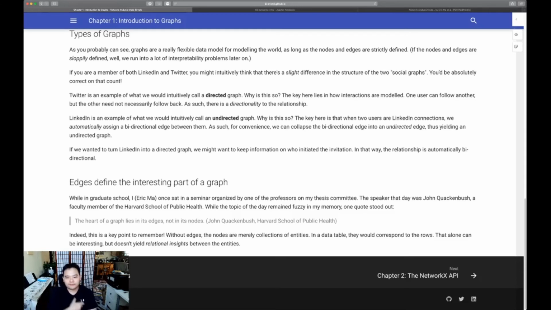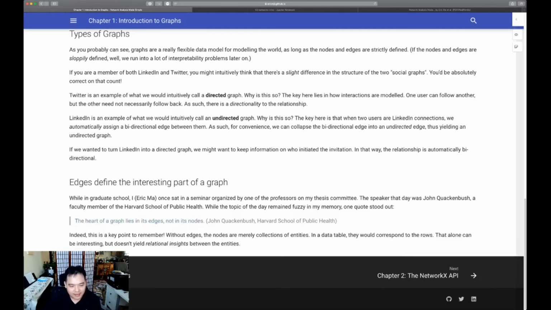So if I think back to grad school, I think this was in 2015, there was a guest lecturer, Professor John Quackenbush at the Harvard School of Public Health, and he had this really cool quote from his seminar. Now, I remember the quote and not the seminar, unfortunately. But really, the heart of a graph lies in its edges, not in its nodes.